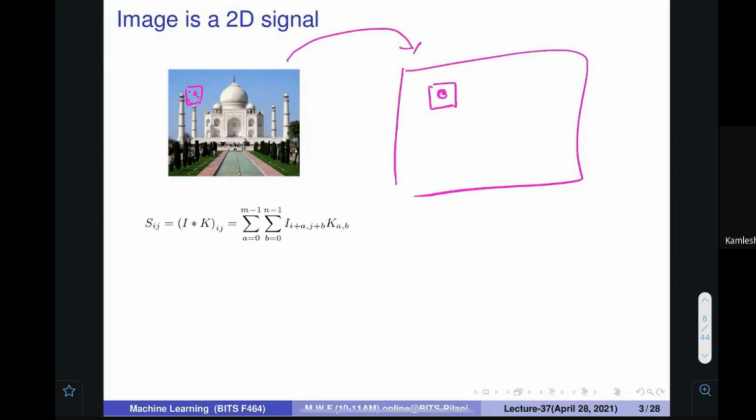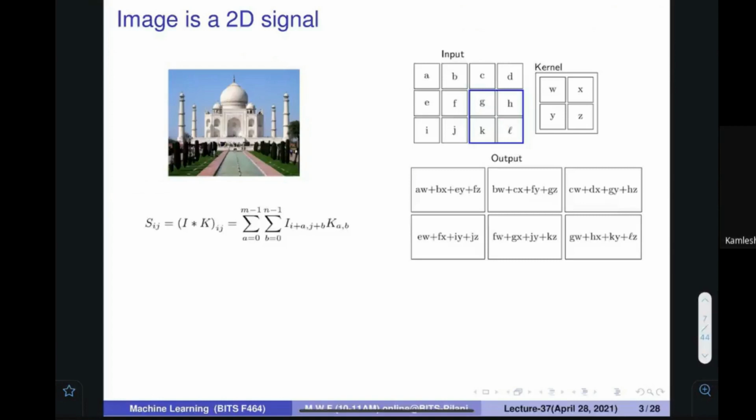You replace this pixel with the average value. We have seen that this kind of operation gives you a blurring effect and a smoothing effect, as very far apart values are replaced with neighborhood values.